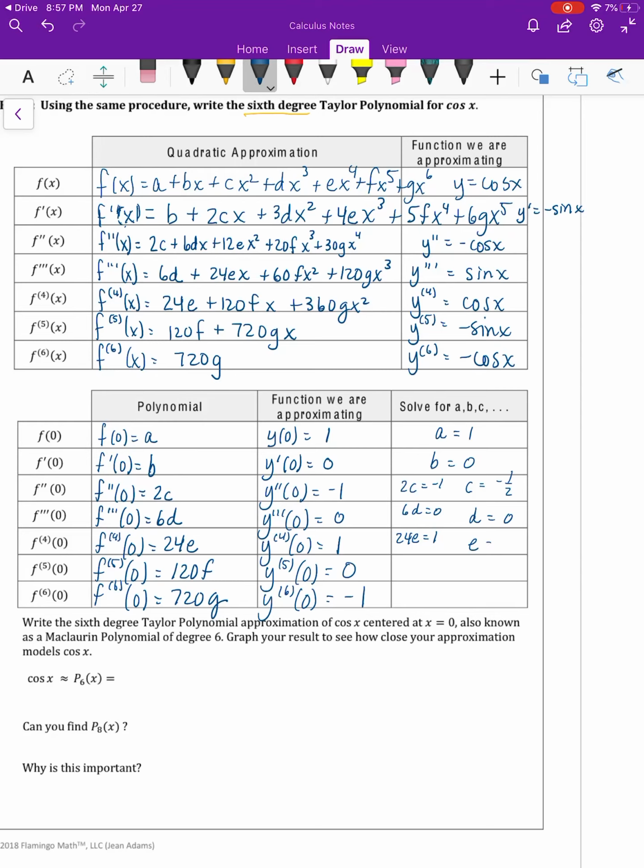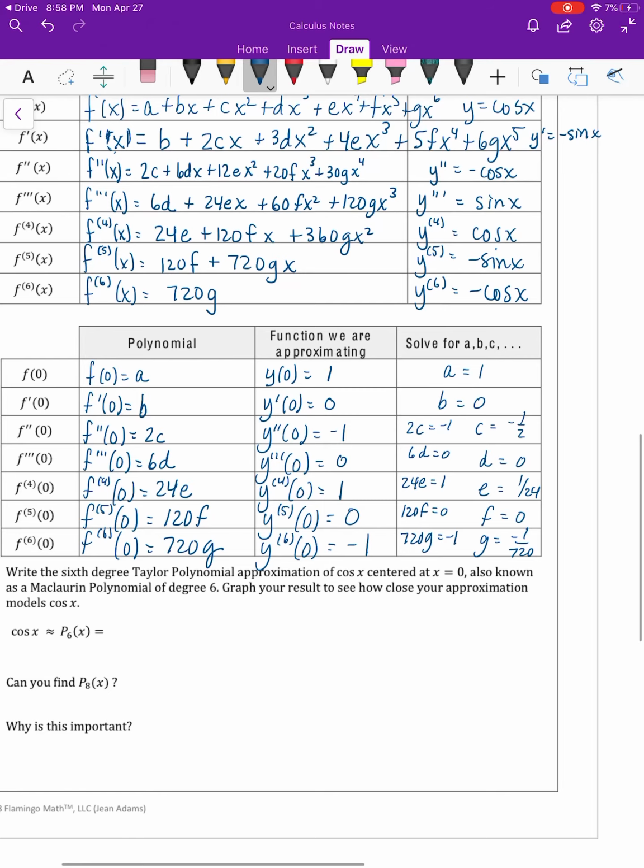I can see that 24e is equal to 1. That means that e is 1/24. I can see that 120f equals 0. That tells me that f is 0. And 720g is equal to negative 1. That tells me that g is negative 1 over 720.